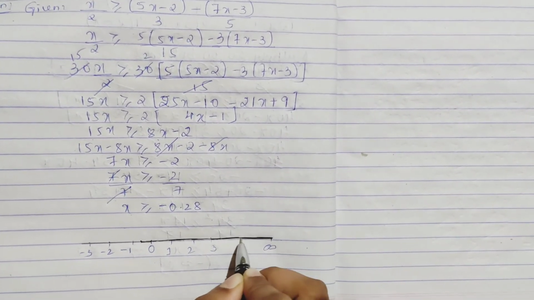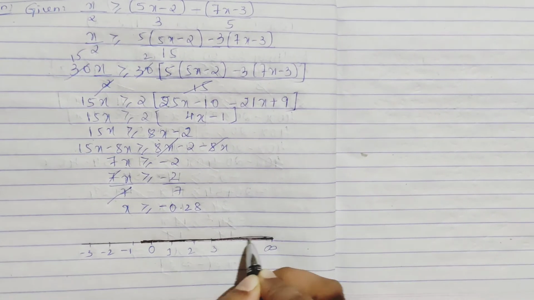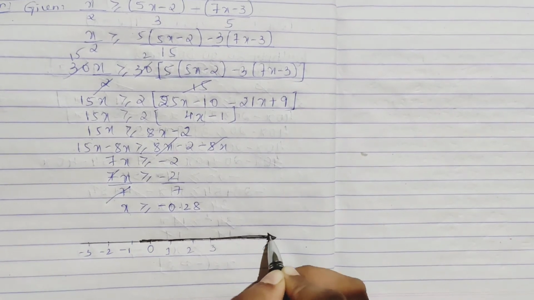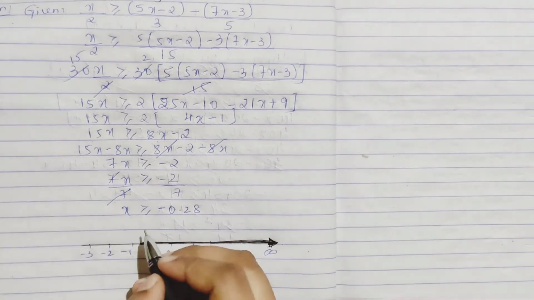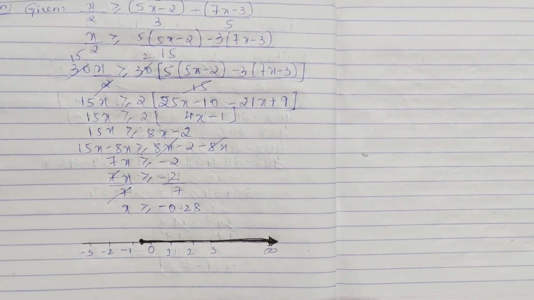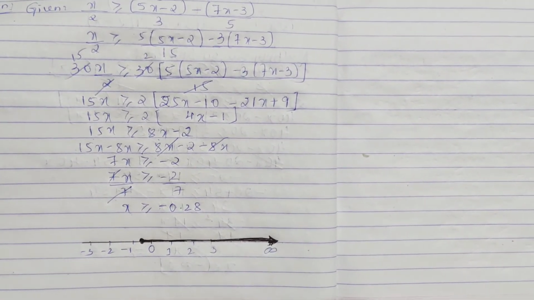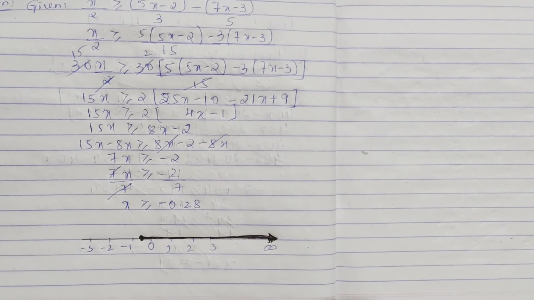So just make it dark. And here again it is telling equal to, equal to means like this. So from there up to plus infinity. Understood how we have to draw graphically? I hope it is clear for you all.